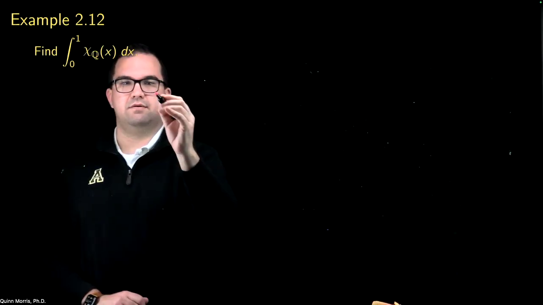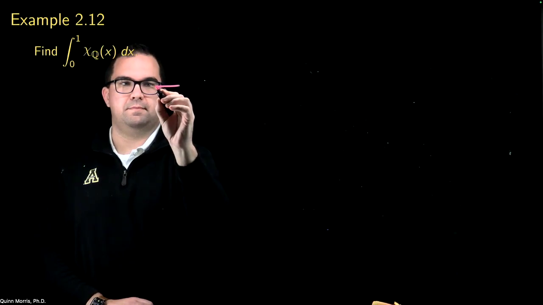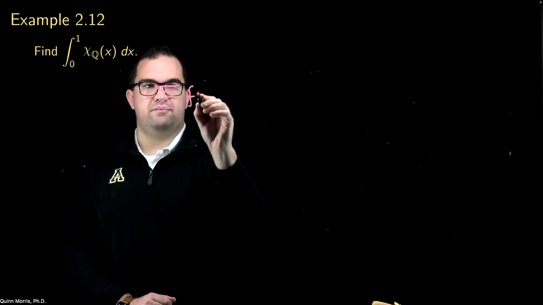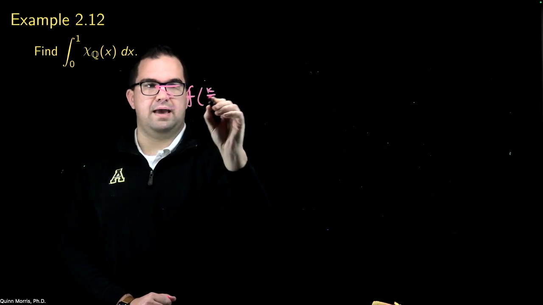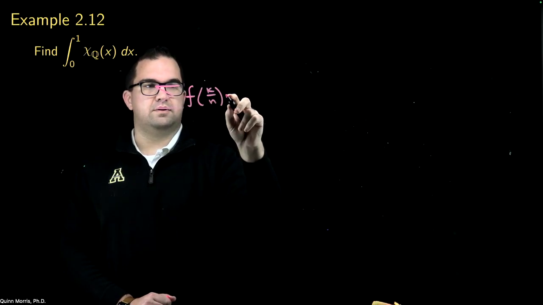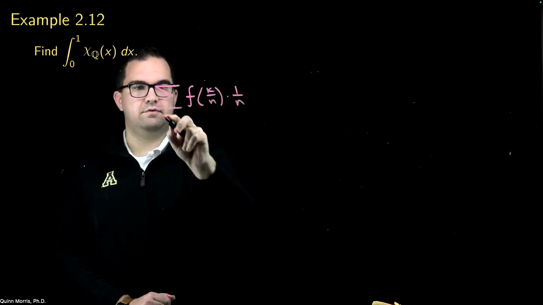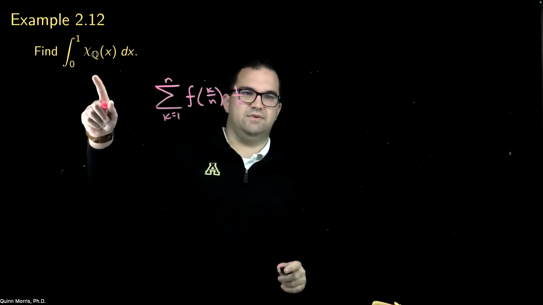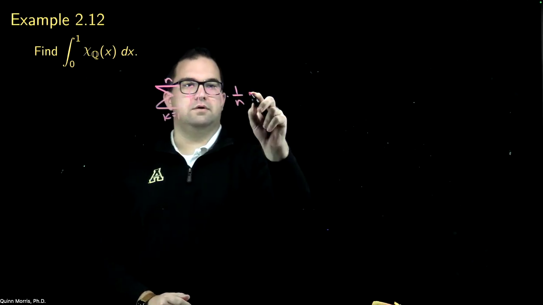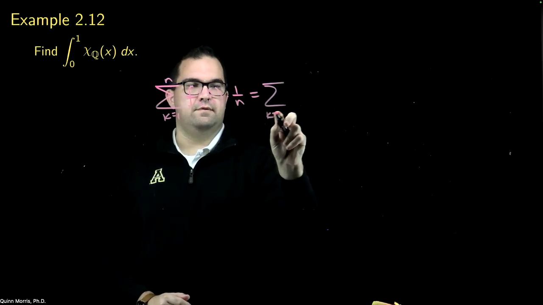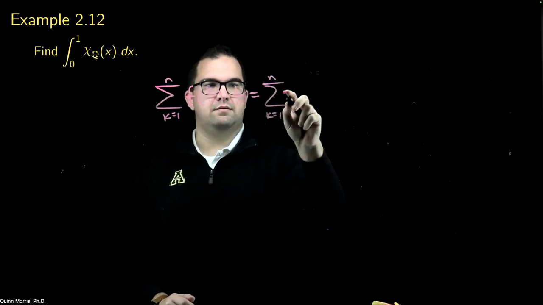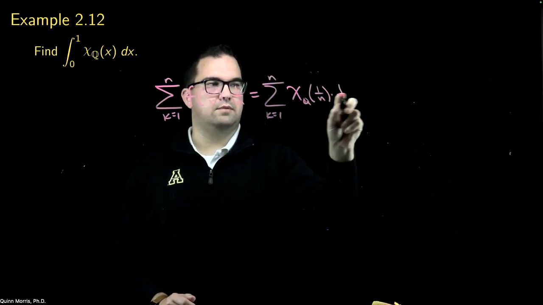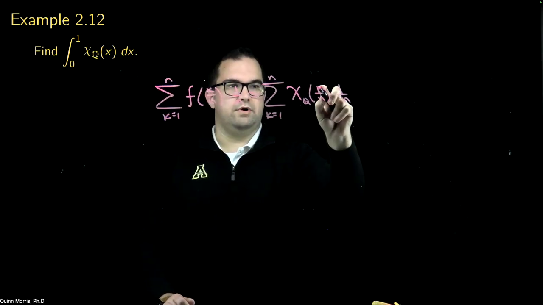So if I was to take a Riemann sum that looks like f of k over n times 1 over n for k equals 1 to n, I'm thinking of my function f as being this function here. So this would be the sum from k equals 1 to n of I sub q of k over n times 1 over n.